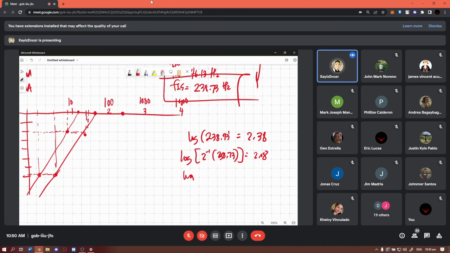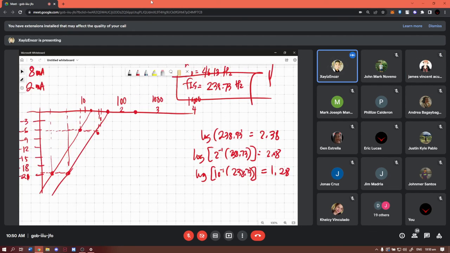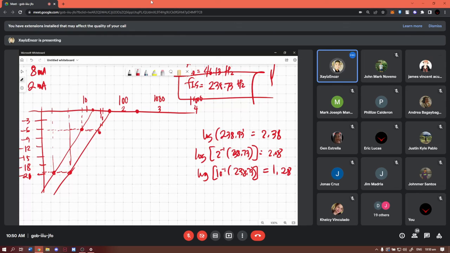Then the first decade backwards is 1.38. So 2.08 is probably here, at negative 6 dB, and 1.38 at negative 20 dB, here. It is just an estimate.